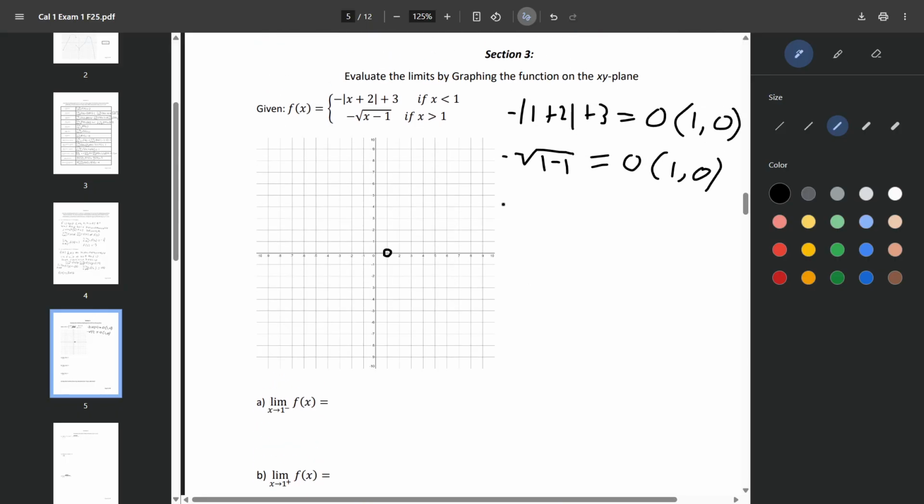So let's see here. We're gonna do x equals 0, so 0 plus 3 equals 1. And this is a linear function, so that also makes it easier.